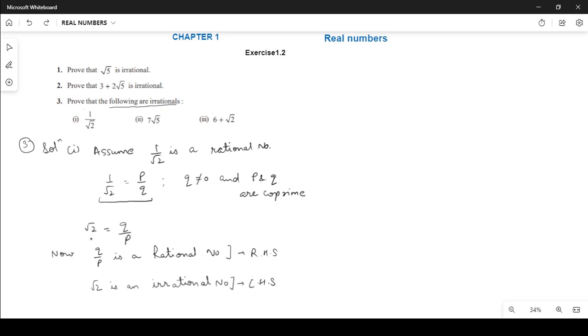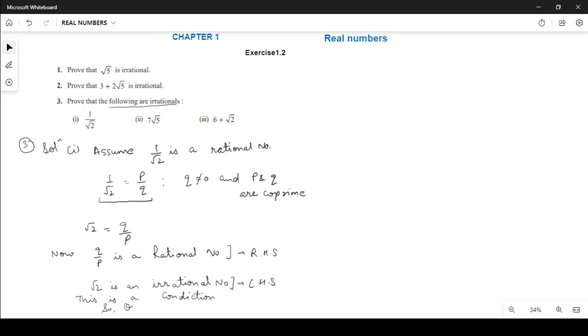क्या कोई irrational number rational number के equal हो सकता है? No. So this is a contradiction.